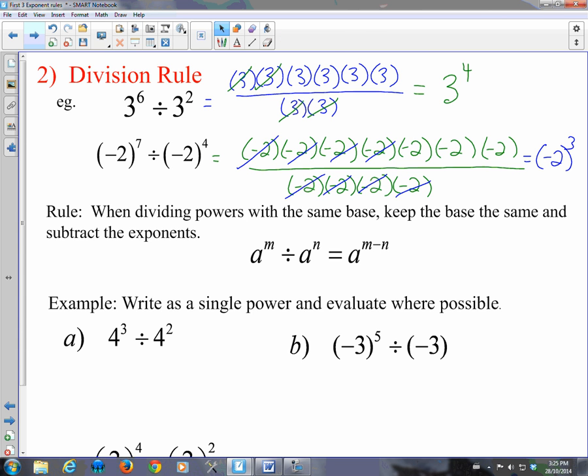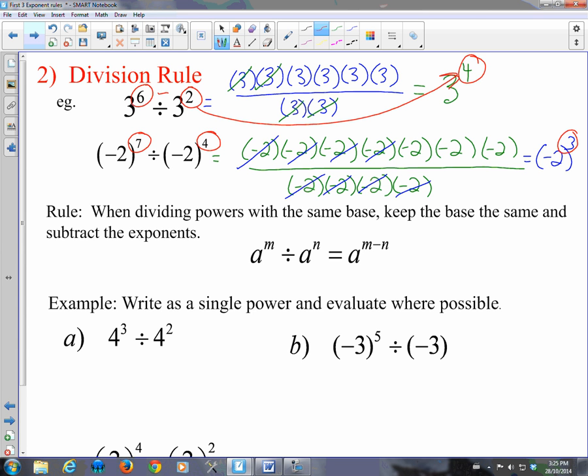If I look at these two questions, the 6 and the 2 relate to the 4 because 6 take away 2 is 4. If I look at these two exponents, the 7 and the 4 relate to the 3 because 7 take away 4 is 3.